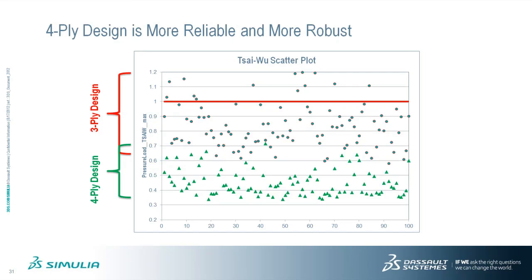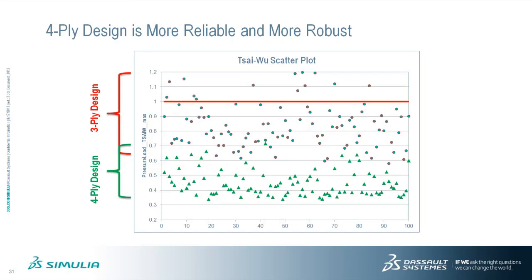So that's the same information as we saw in the previous charts. The other thing we can see in this chart is the scatter. Whether the design fails or doesn't fail is a measure of reliability. There's another measure, robustness, which we can see in this plot.